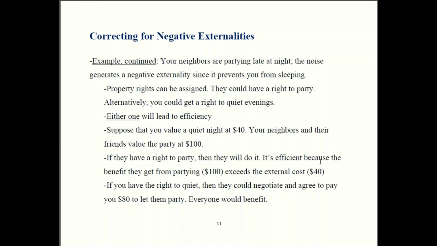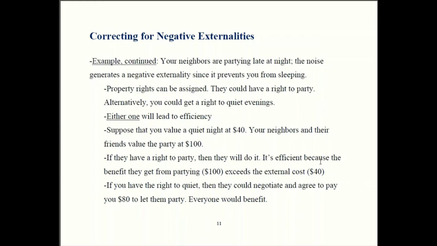You think about it a bit, and you reason, well, if a good night's sleep is only worth $40 to me, that's less than $80, so sure, I'll accept their offer and let them party. I won't sleep, but I will have an extra $80 in my pocket to enjoy. They're also happy about this arrangement.